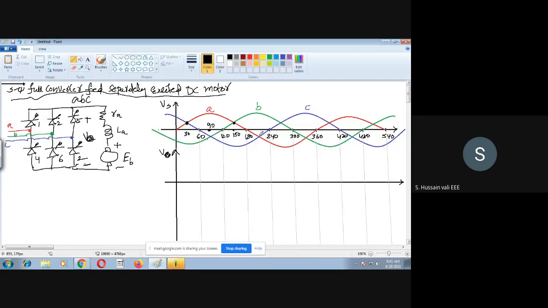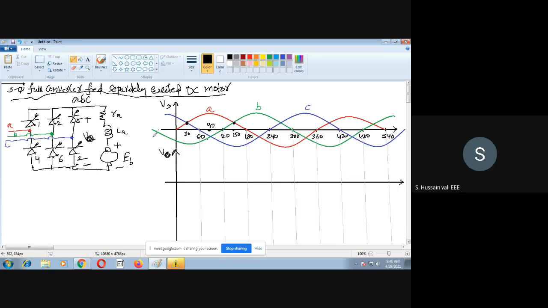Now, you see the A phase. A phase is highest from 30 to 150. So that part we will draw now. This operation of the three-phase full converter, I hope you might have studied even in the power electronics course.